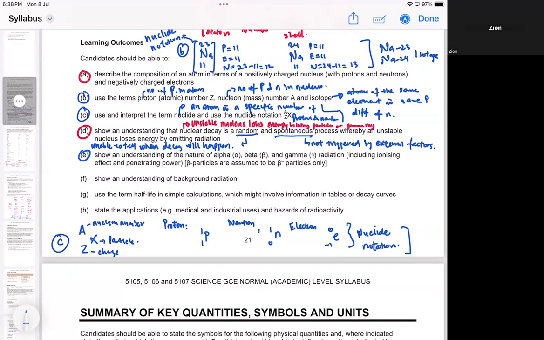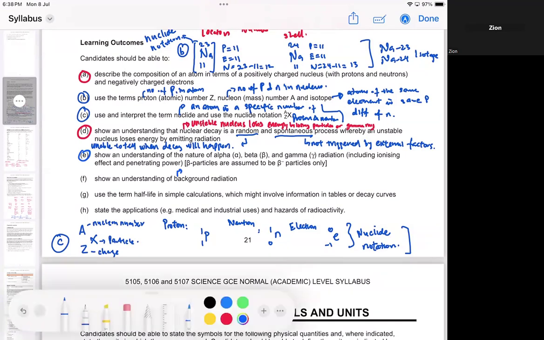Okay, so background radiation refers to radiation in an environment where there is no radioactive source introduced.